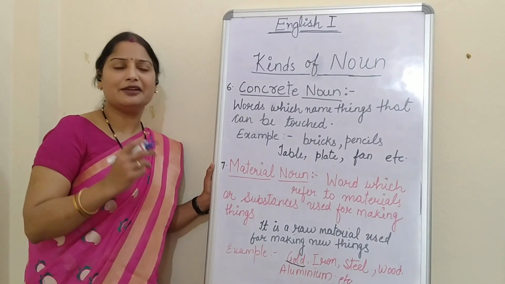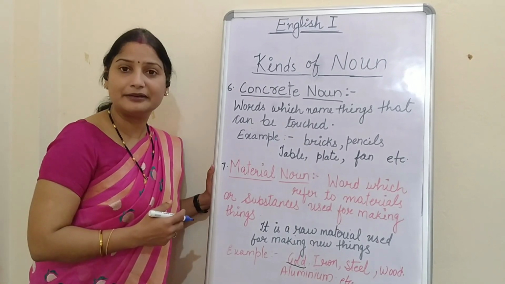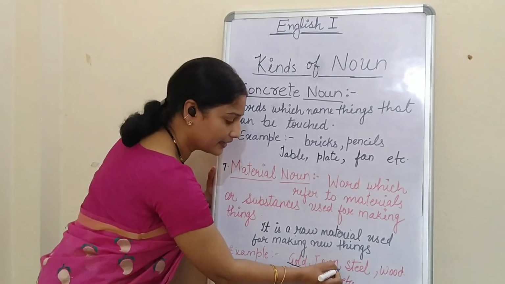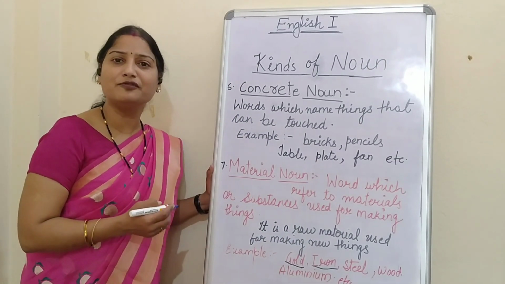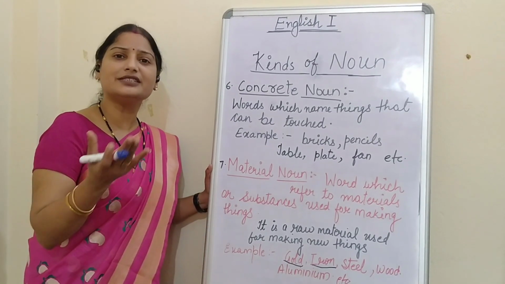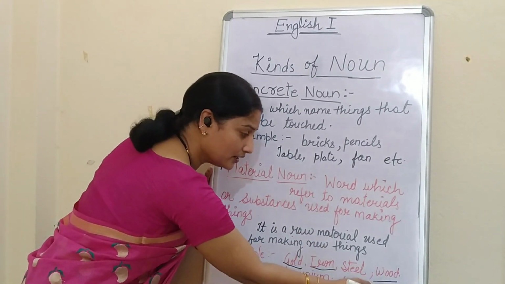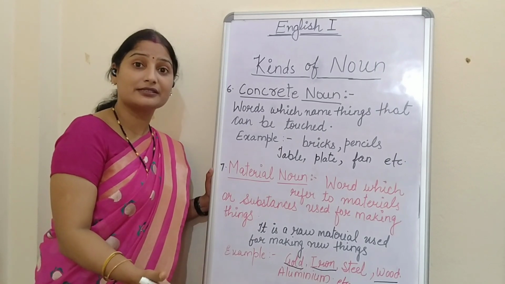In the same way, if I say that this window is made up of iron, what is this iron? This iron is again a material noun. A chair is made up of wood. A table is made up of wood. What is this wood? It is a material noun because this wood is used in making new things.